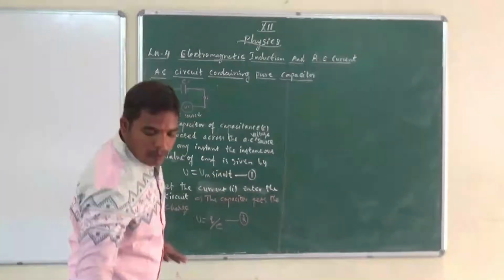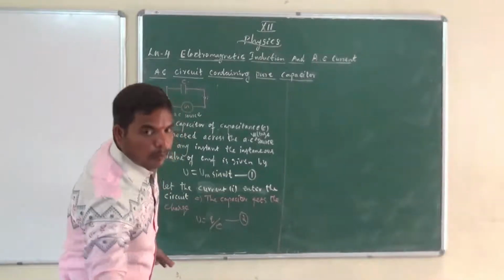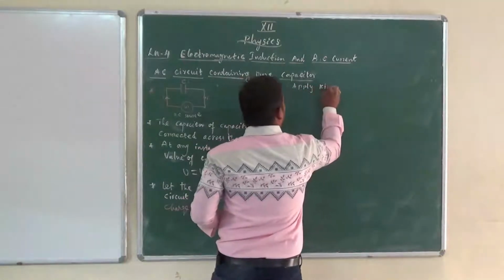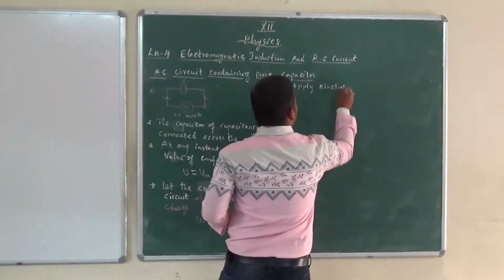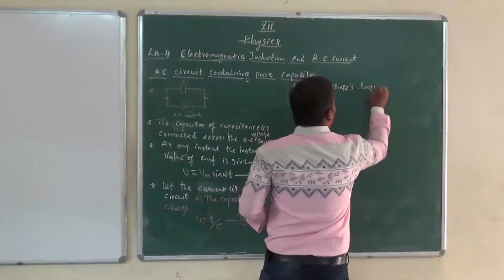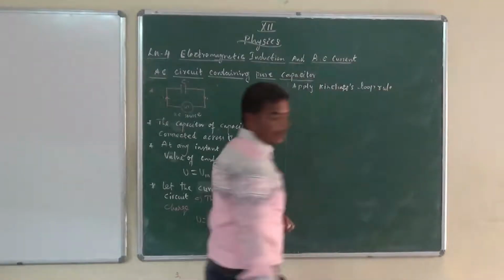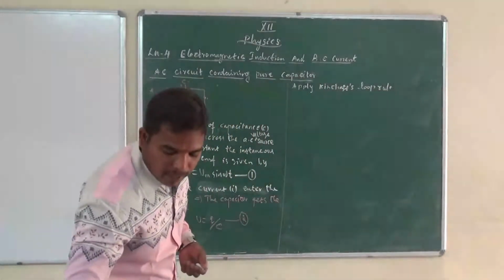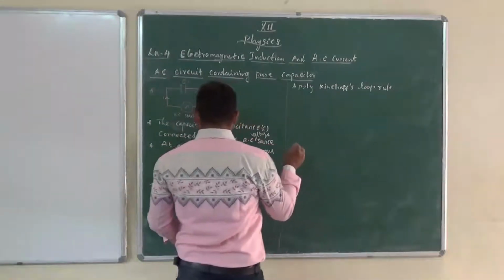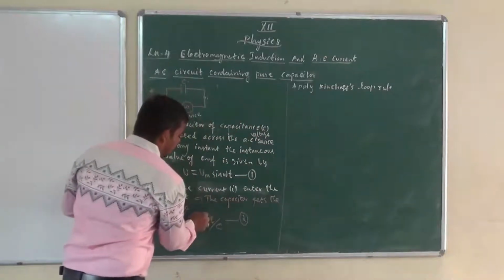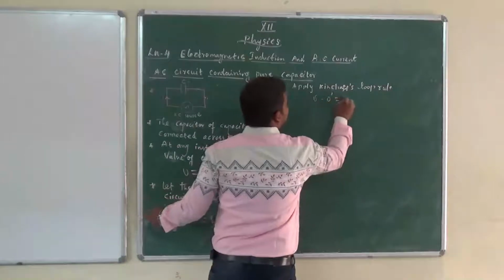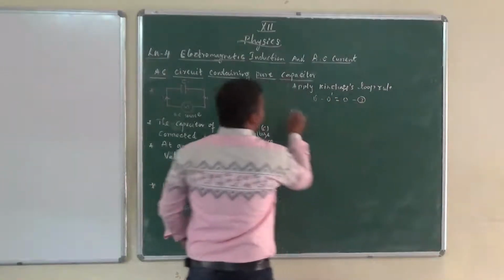Next, apply Kirchhoff's loop rule. What will we get if we apply the Kirchhoff loop rule? We have to consider this as V dash, because then only V minus V dash equals 0. Equation number 3.